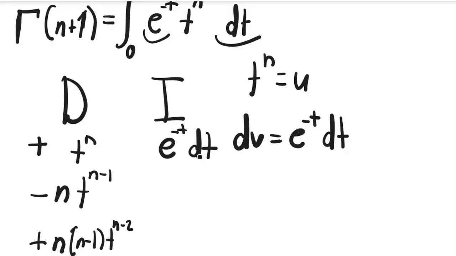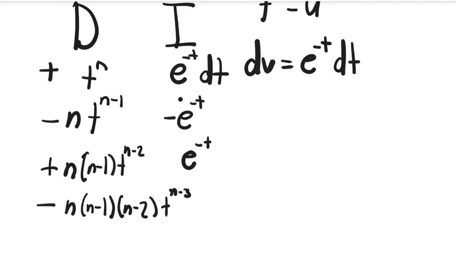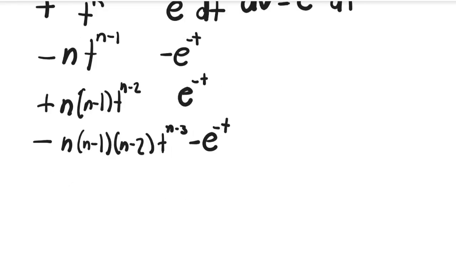Then we can integrate this again, and the minus sign will disappear, and then it will reappear once again when we integrate it, and it goes on and on. So we can rewrite this integral like this.